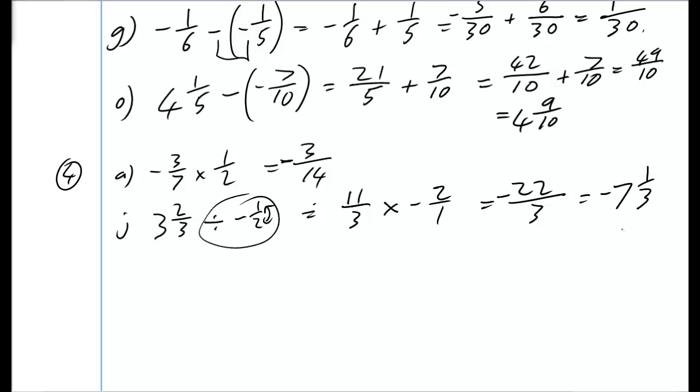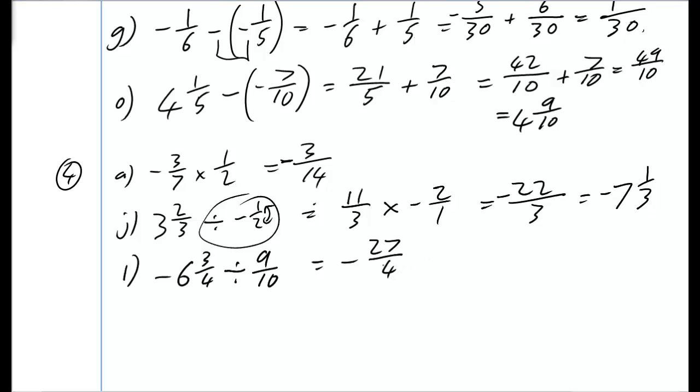All right. Might be an idea to do one more. Let's have a look at number L. Negative 6 3/4 divided by 9 over 10. So let's change this number here, 6 3/4, into an improper fraction. 6 times 4 is 24, so that'll be the same as 27 over 4.